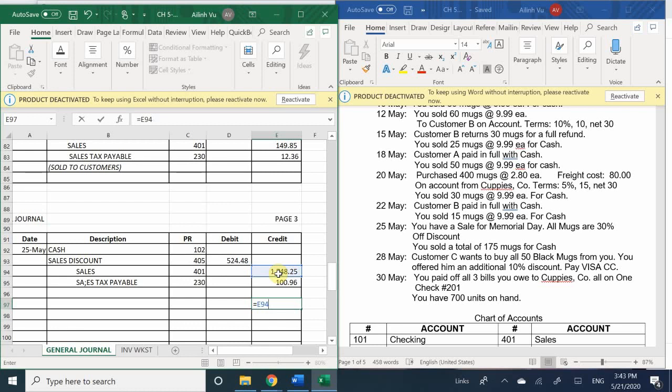What's the number one rule when journalizing? They have to equal. Yes. So if our total credit is $1,849, we take the 1849 minus the 524. That's correct. And what are you going to get? 1324.73. Let's see. 1324.74. I got 74. Is that right?